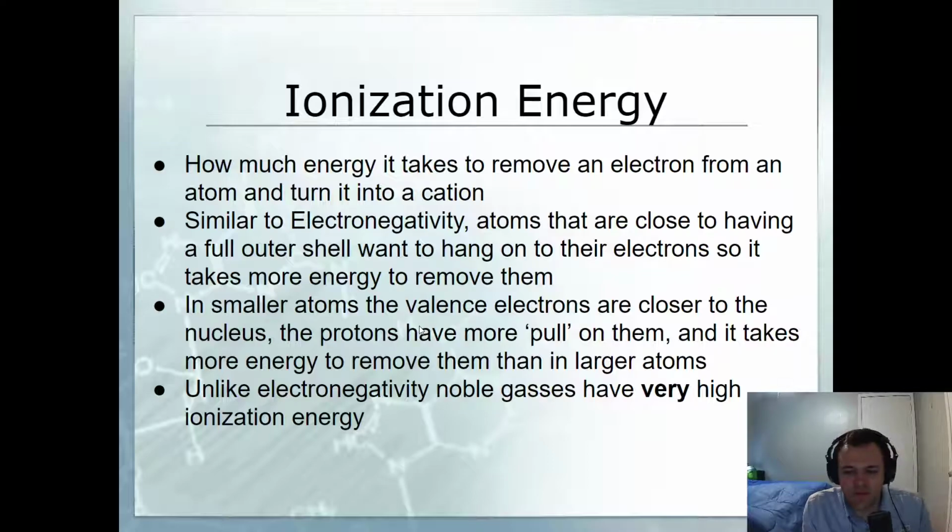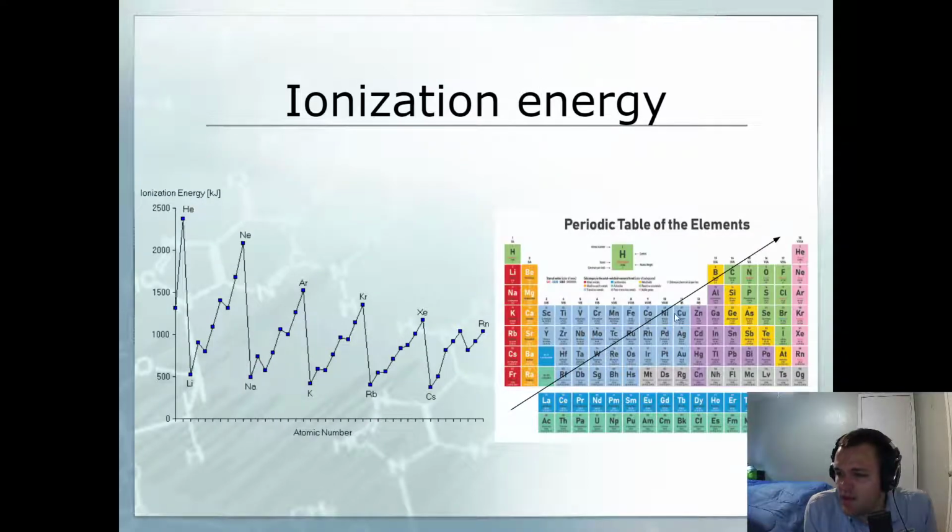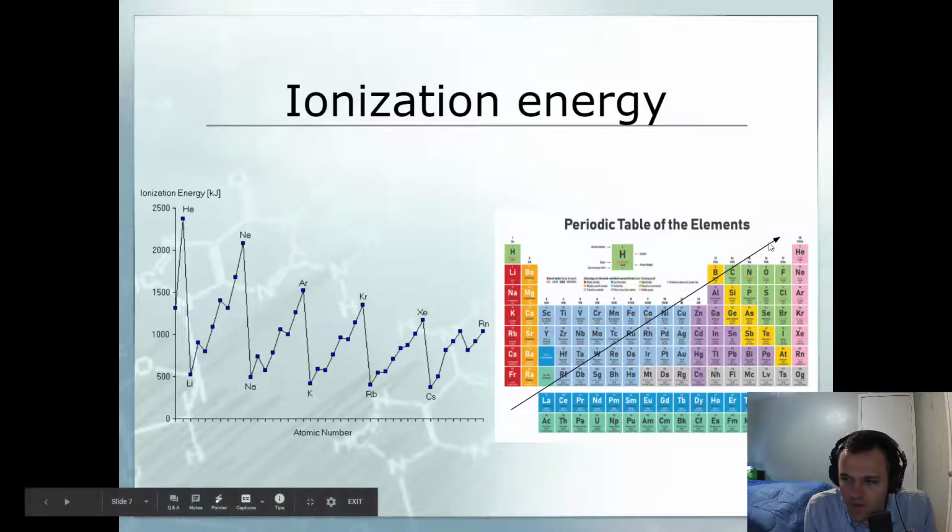With the smaller atoms, the valence electrons in that outer ring are close to the nucleus, so there's more attraction and it's harder to pull the electrons away. With the larger ones, the farther out you get from the nucleus, the less pull those protons have, and it's easier to yank something away from them. So the general trend here is that, again, it increases as we go up and to the right.